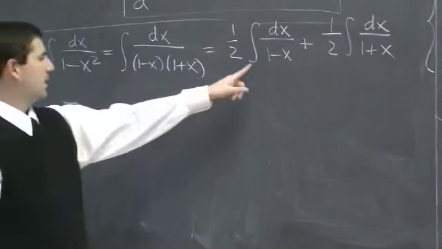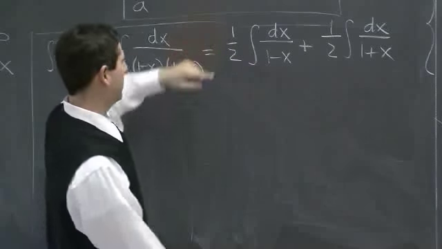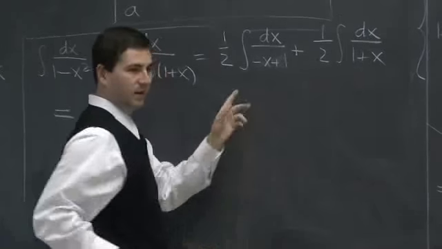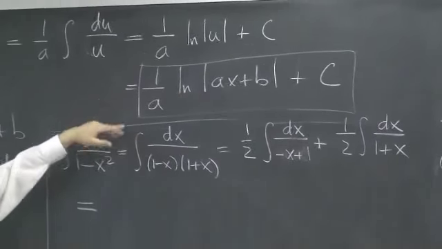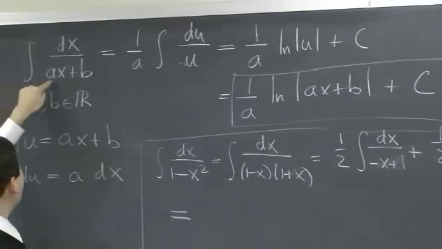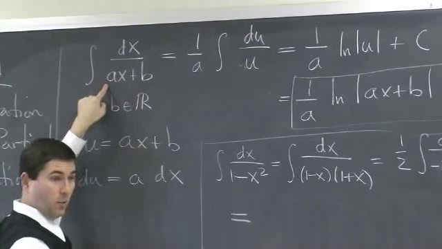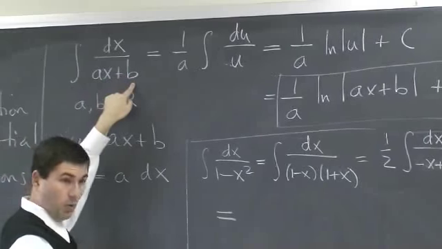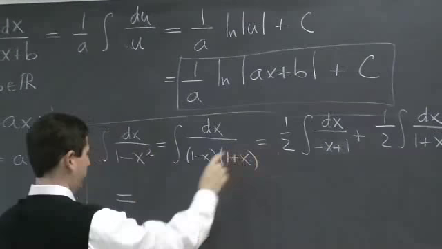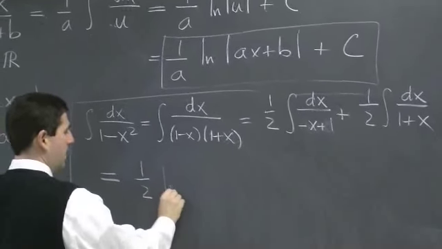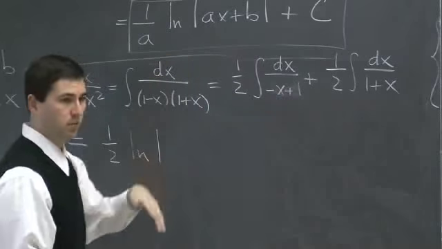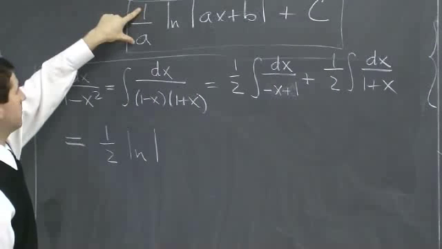It might help to use this formula. If we rewrite this as minus x plus 1, we can see it's in the right form. It looks just like this, so you have ax plus b. Here a is minus 1, and b is 1, in this first one. So this first one is going to give you a half natural log of the absolute value of minus x plus 1. But we forgot, there's a minus.